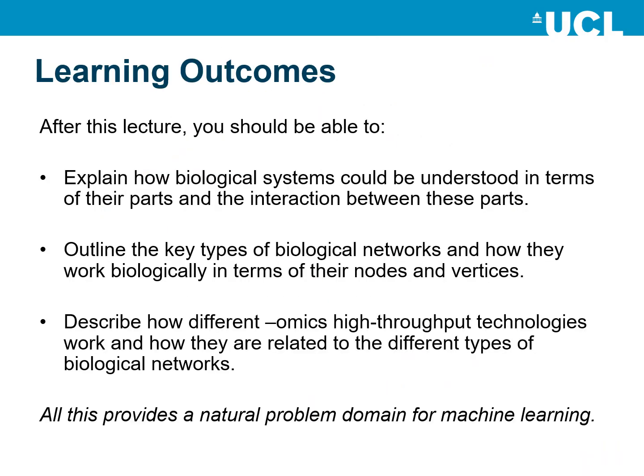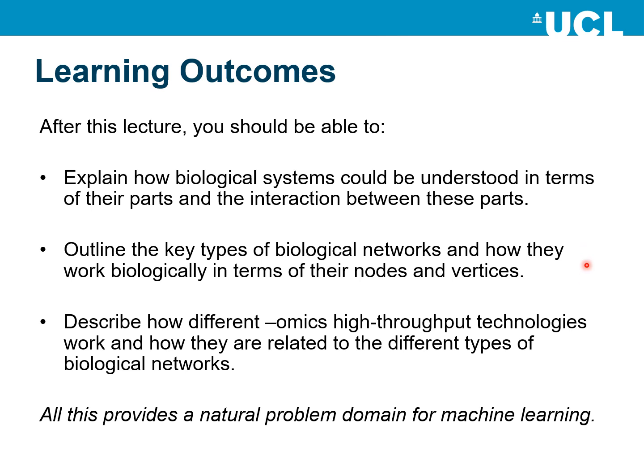To give you a more formal introduction to what we'll cover in this lecture, the learning outcomes: I'm hoping by the end of the lecture you'll have an idea of how biological systems can be understood in terms of the parts of the system and the interaction between those parts.